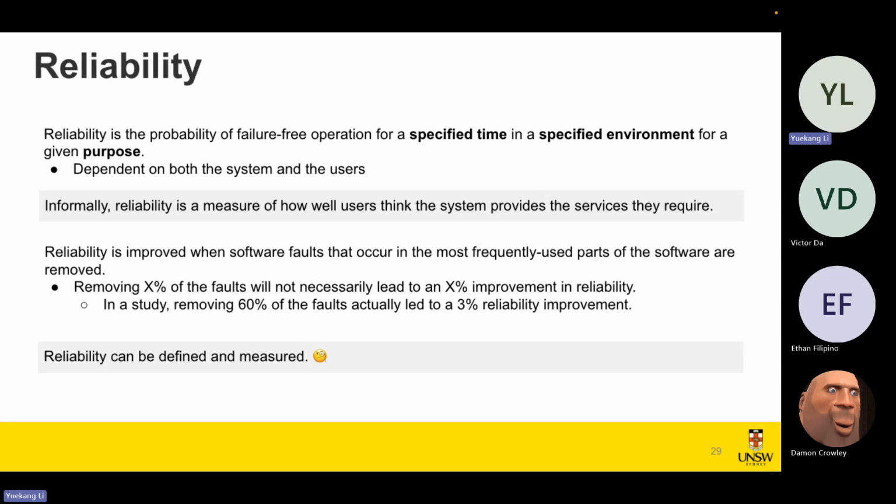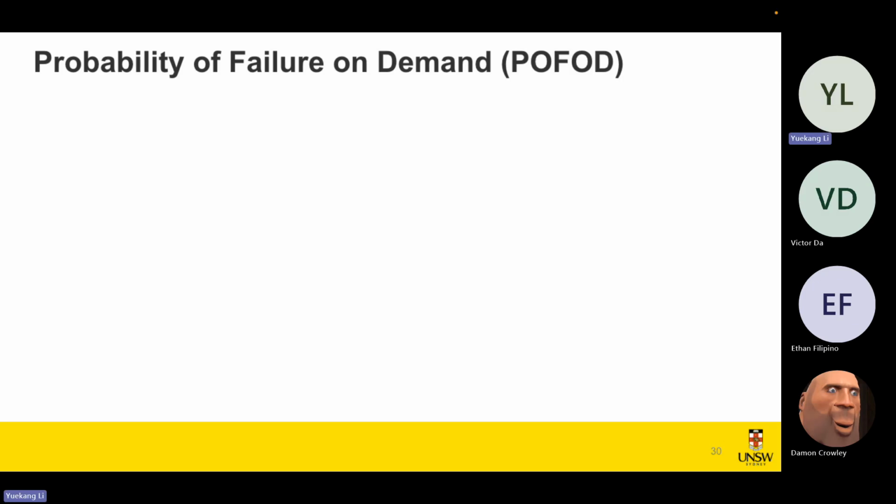We just defined reliability, and we need to somehow measure reliability in a quantitative way, right? So let's learn about some measurements for reliability. The first one is probability of failure on demand. Even the abbreviation is very long for this one.